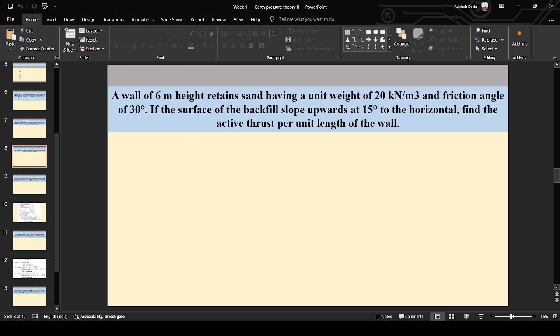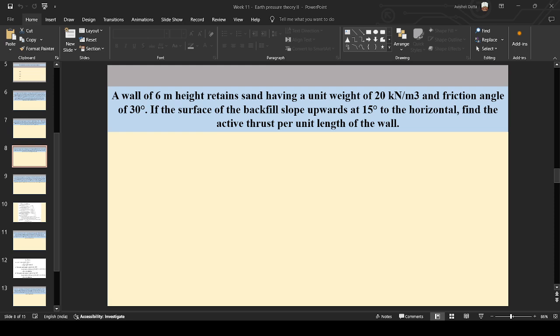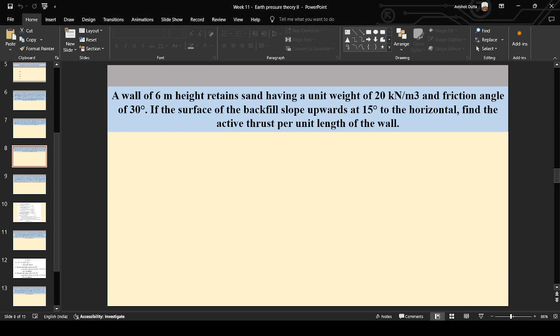If the surface of the backfill slopes upwards at 15 degree to the horizontal, obviously sloping upwards away from the retaining wall, find the active thrust per unit length of the wall. Okay. I hope the question was clear. I'll go to the next question.